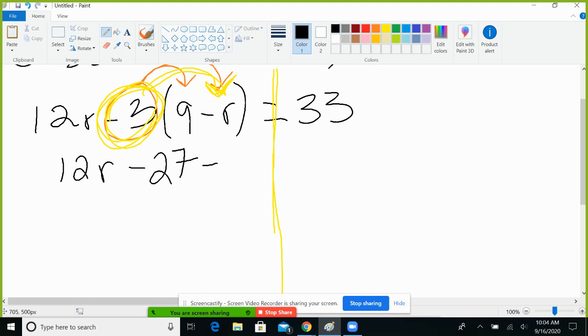Well, it's a positive because it's a negative and a negative. So you get +3r. Excellent. Absolutely. Okay. How do I pause this?